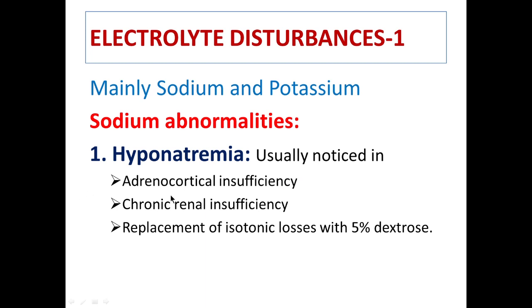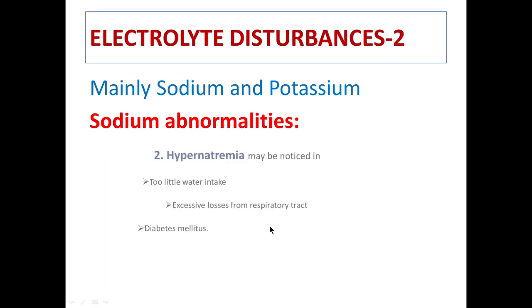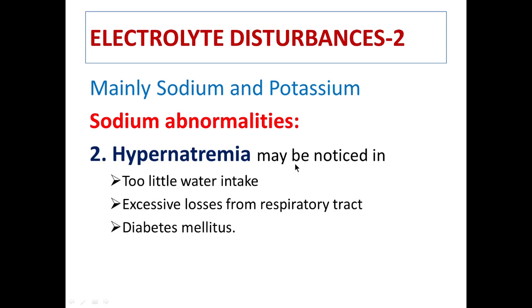Hyponatremia, as I have told you before, is usually noticed in adrenocortical insufficiency, where sodium is excreted and potassium is retained. Also in chronic renal insufficiency we can see this problem. Or if we replace isotonic losses with 5% dextrose, the animal will undergo hypotonic hyponatremia. Hypernatremia may be noticed with excessive water intake, excessive losses from the respiratory tract, or diabetes mellitus also.